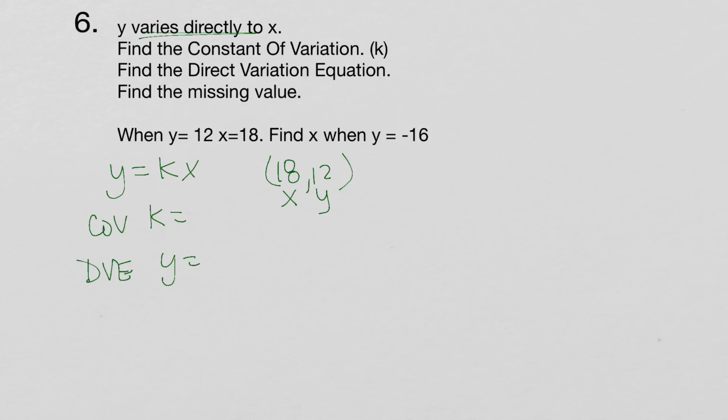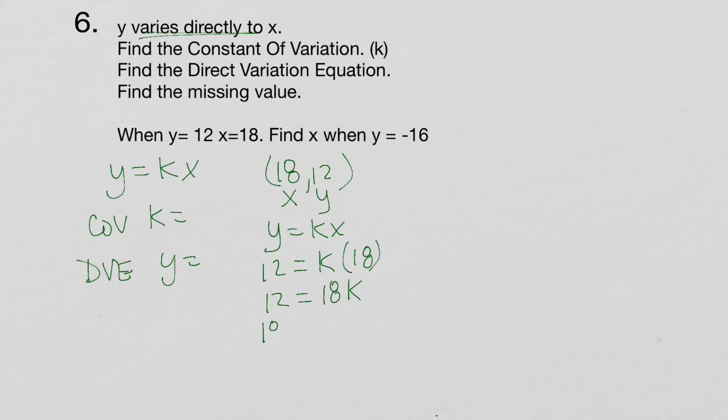I'm going to take my direct variation formula. Y is equal to kx. I'm going to put my 12 in, equals k times 18. 12 is equal to 18k. Is the variable on the left?